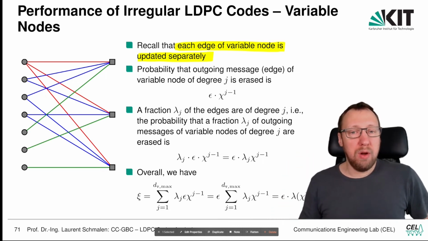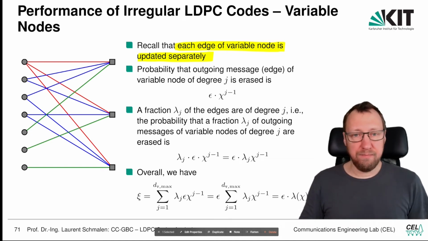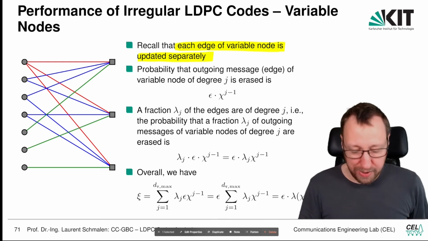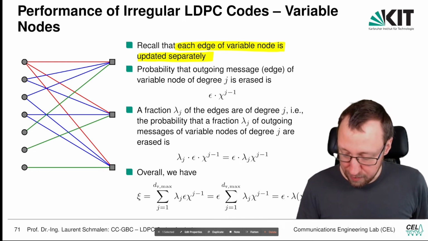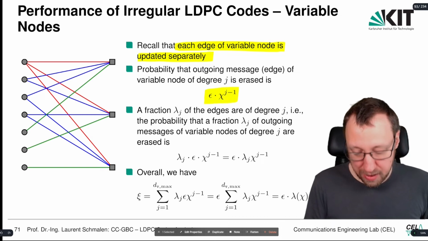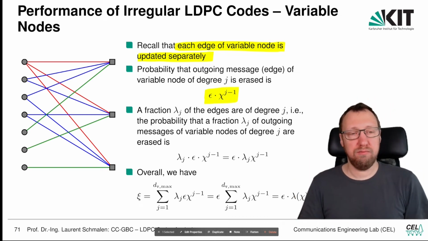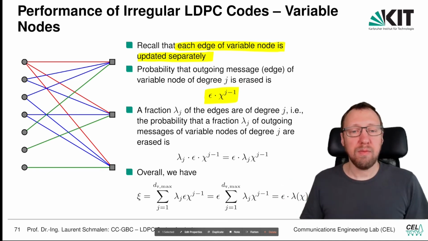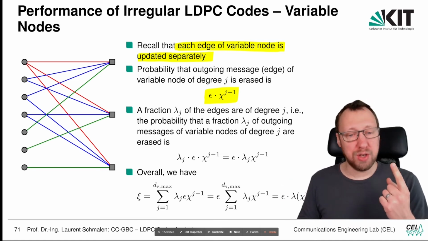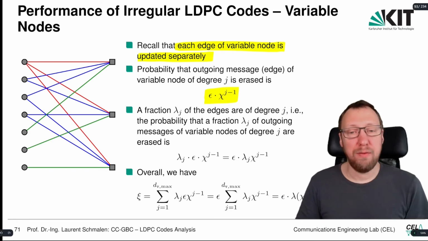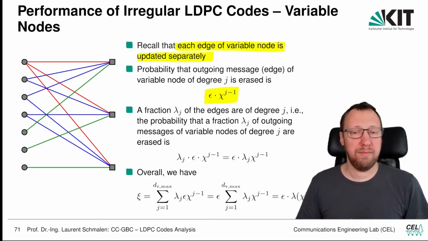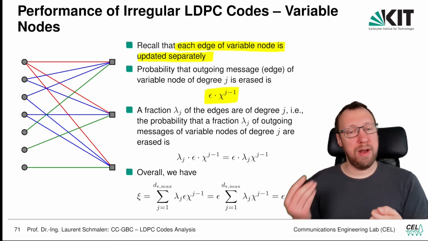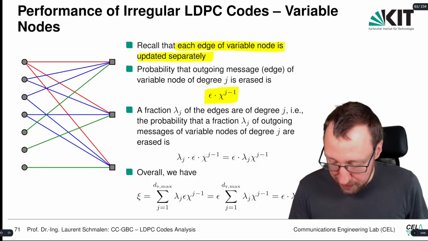So when we looked at a variable node of degree j, the probability that an outgoing message corresponding to one edge is erased is given by epsilon times chi to the power j minus 1. That's the same expression we had for regular LDPC codes. Now we have a fraction lambda j of edges that are of degree j. A fraction lambda j of the outgoing messages are erased with this probability.